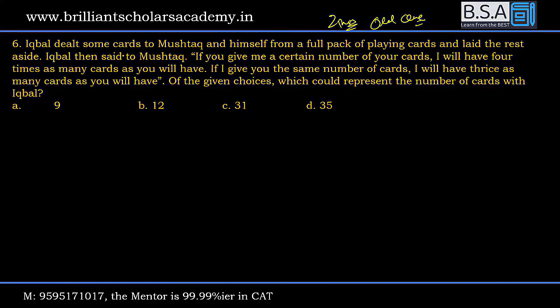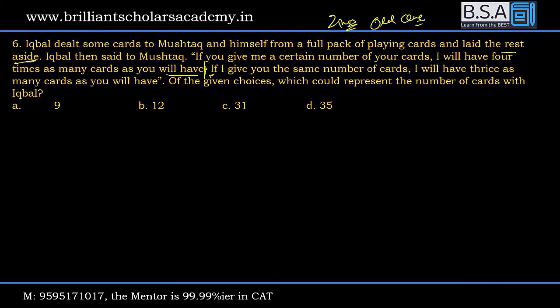Iqbal dealt some cards to Mushtaq and himself from a full pack of playing cards and laid the rest aside. Iqbal said to Mushtaq, "If you give me a certain number of your cards, I will have 4 times as many cards as you will have."